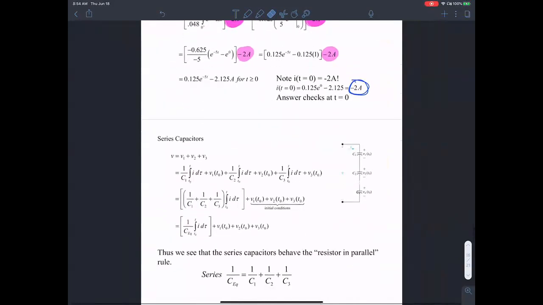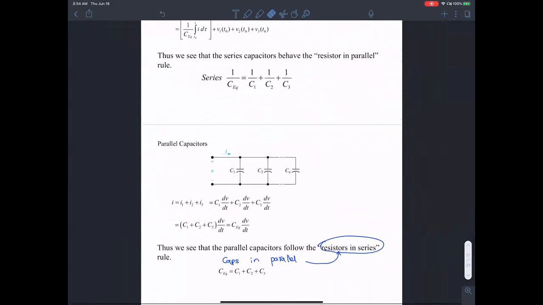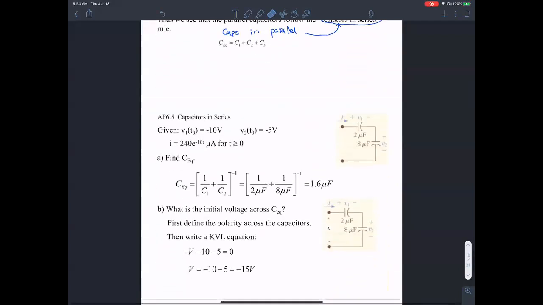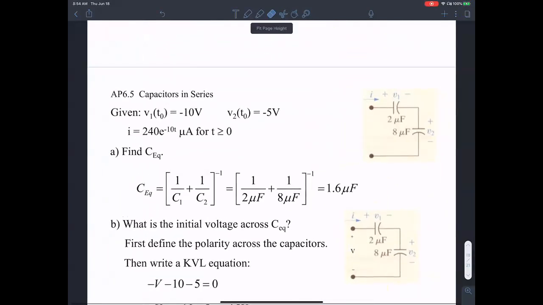Okay, let's look at another similar problem, this time for capacitances. The voltage is given. The initial voltage at T0 in one capacitance is given as negative 10 volts, and the initial voltage for the other capacitance is given to be negative 5 volts.